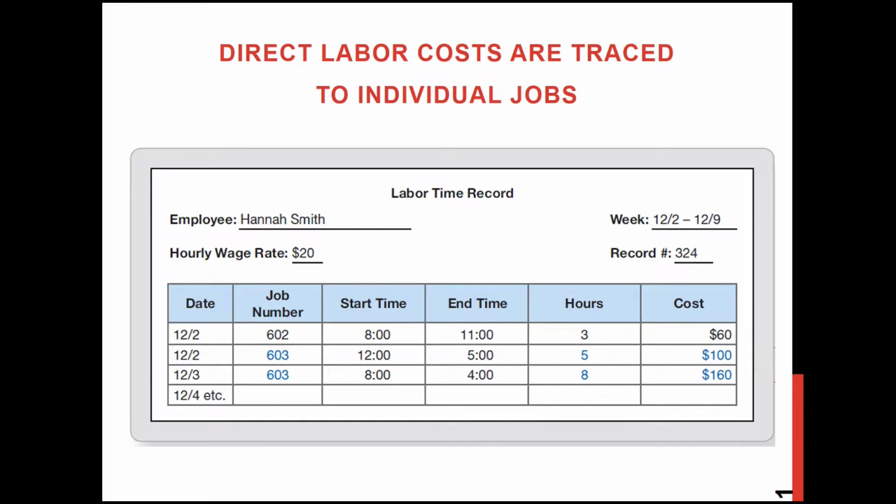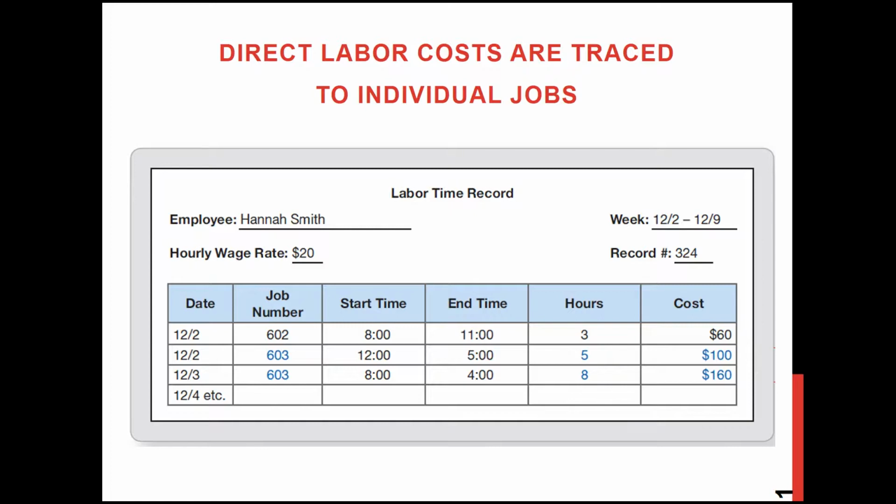Now they will also record their direct labor cost. You can just imagine, a manufacturing company will have many employees. They will have different floor employees, or maybe some engineers, or different types of employees or workers, right?